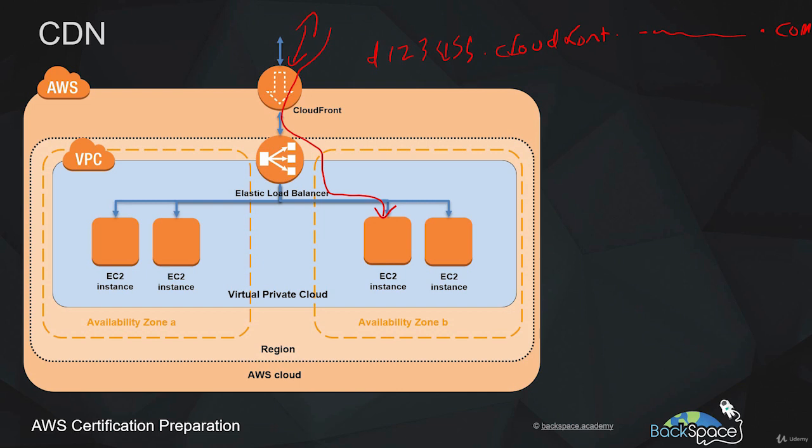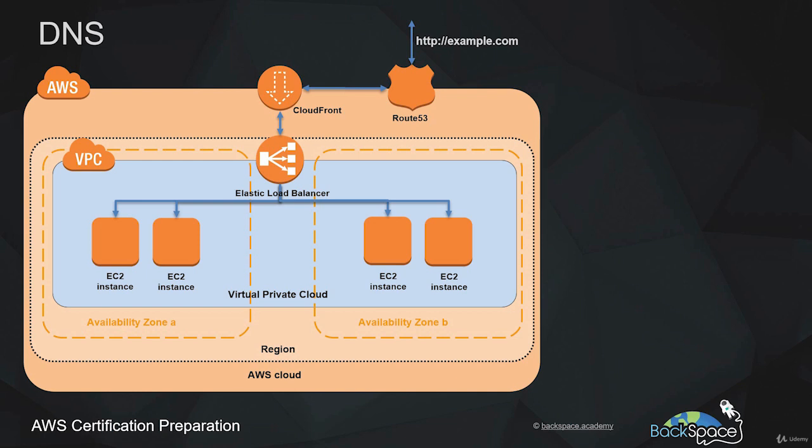As you can see here, we've got example.com, and that is where Route 53 domain name service can come in. Route 53 will grab those requests for your domain, example.com, and forward those requests over to the CloudFront service, and the CloudFront service will handle it from then on.